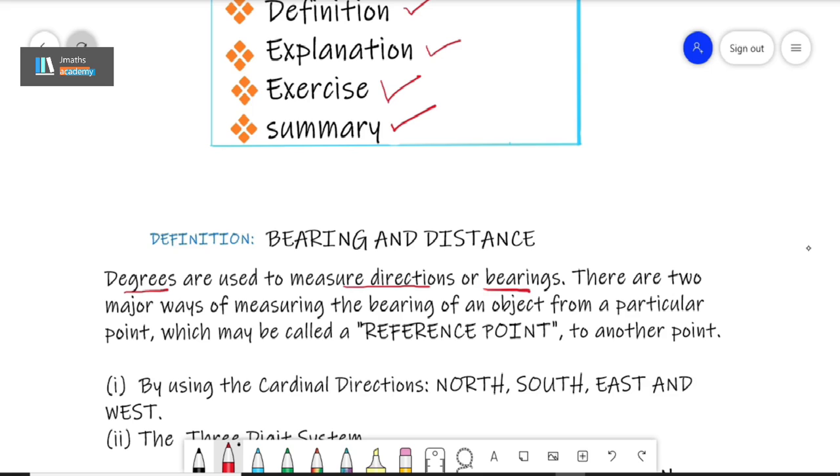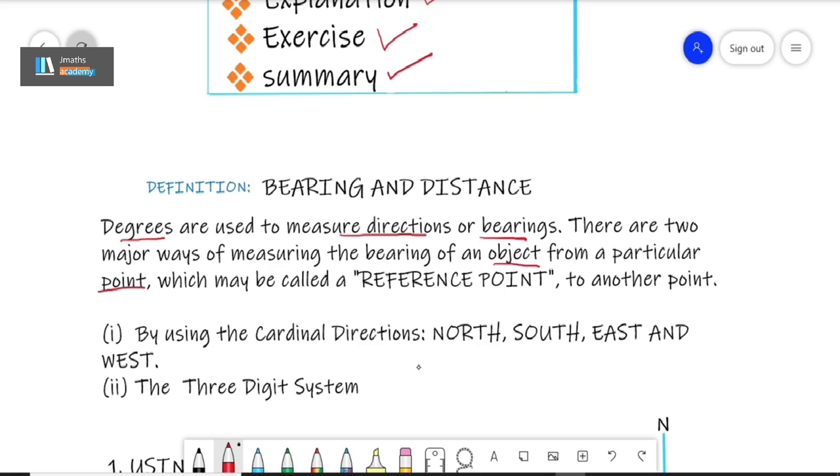And then we are told here that we have two major ways of measuring the bearing of an object. Okay, so we have object here as an important factor also. So we have a point as another important factor, which may be called a reference point, to another point.